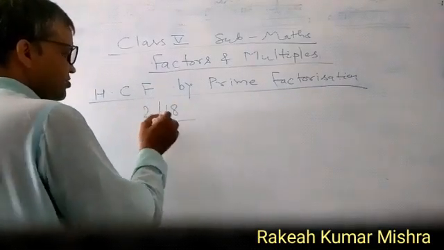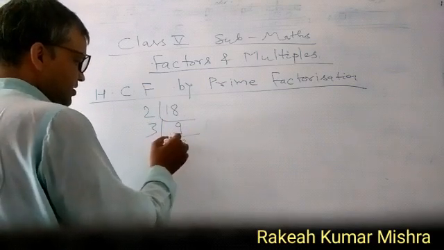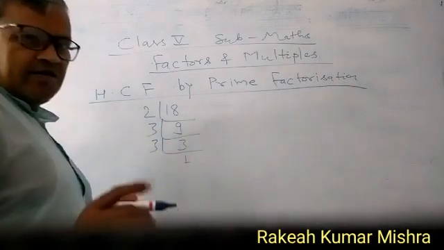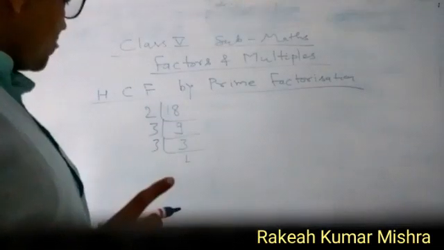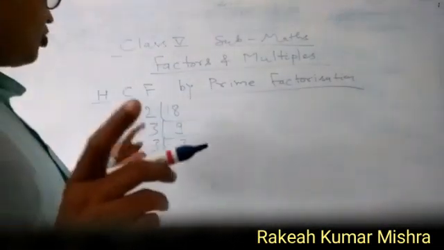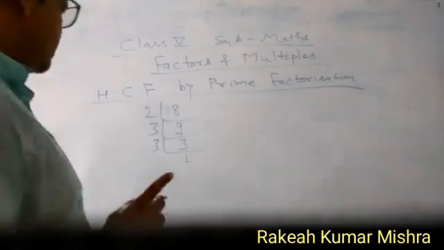Like this, 2 nines are 18, 3 threes are 9, 3 ones are 3. One thing to remember: all these numbers should be prime numbers. It means we have to do this using prime numbers only.